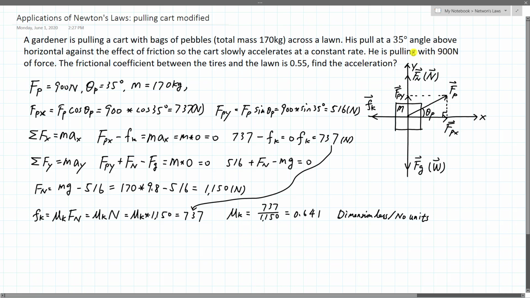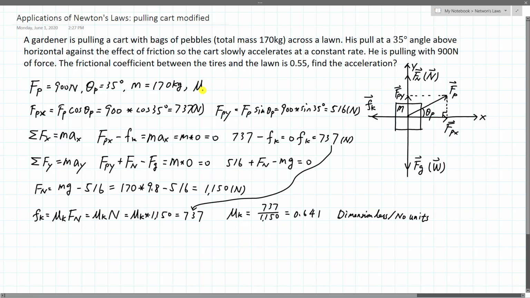Besides the force that I gave you in the unmodified problem, I'm giving you a frictional coefficient, which is 0.55. So let's see what we need to do in order to modify the problem and solve it. Previously we had already written down the force and its angle and also the total mass. These are unchanged. What has changed is I erased the acceleration equals 0, so now the acceleration is an unknown.